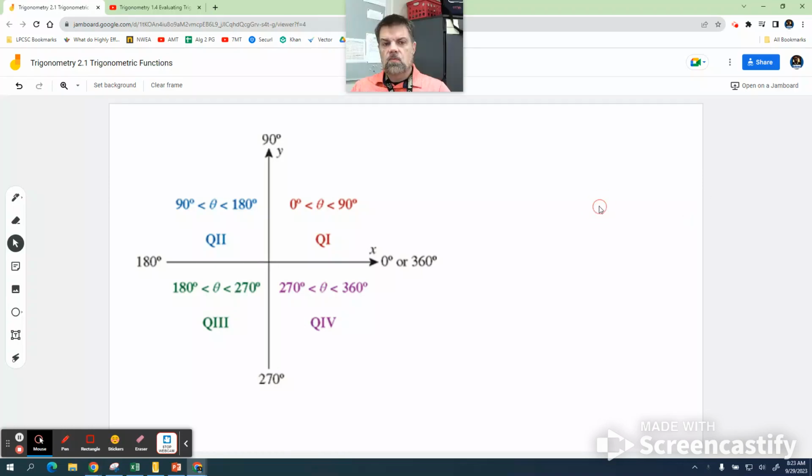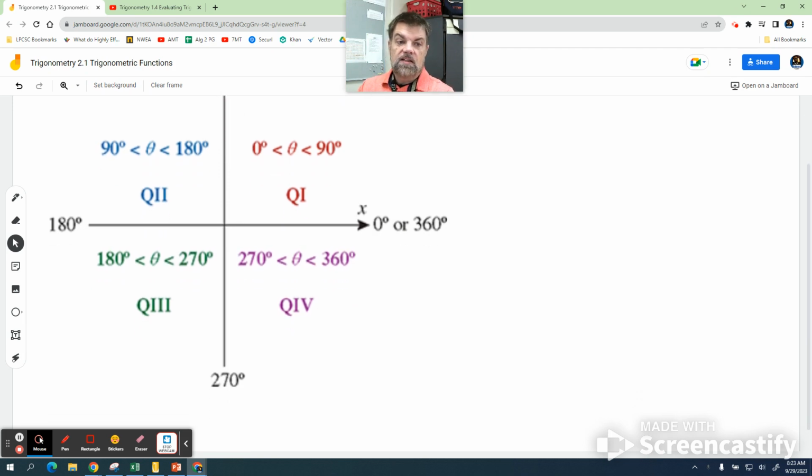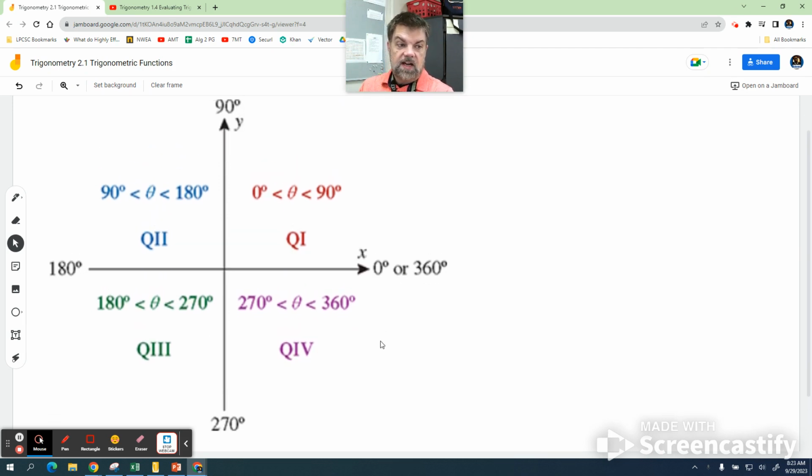So what we're doing here for the trig functions for the rest of basically the course, we're going to be dealing with the xy plane, and so knowing the quadrants, right? So this is quadrant 1, and then those measures of angles.